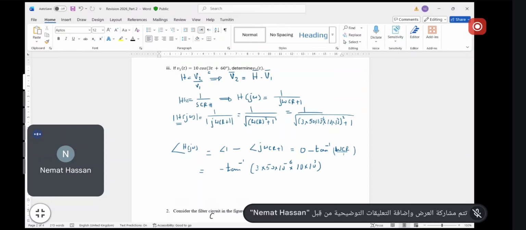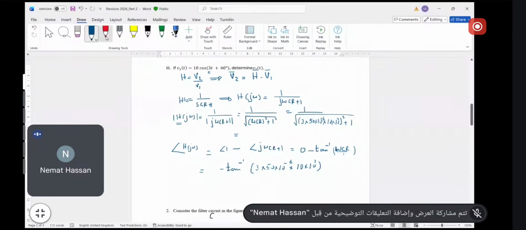Let's see. So the magnitude here is what? Okay, I'm going to put it in green just to double check it later. 0.24. And the angle is 56.31.